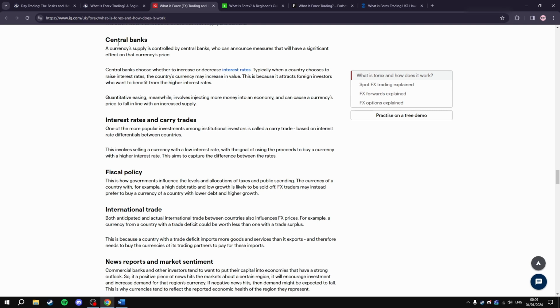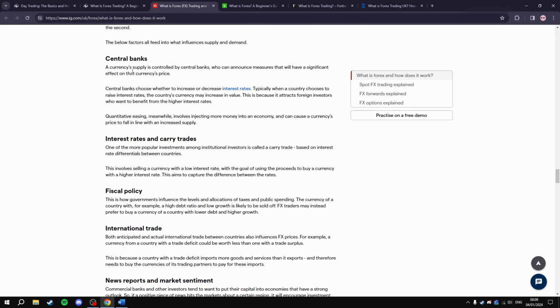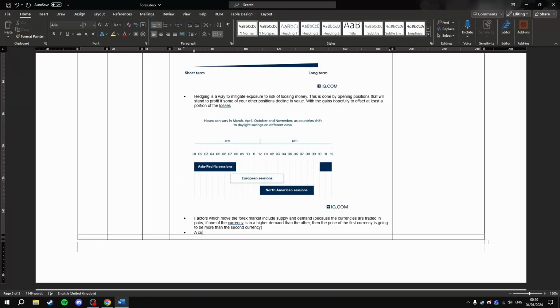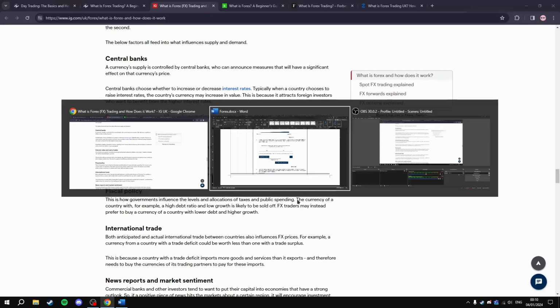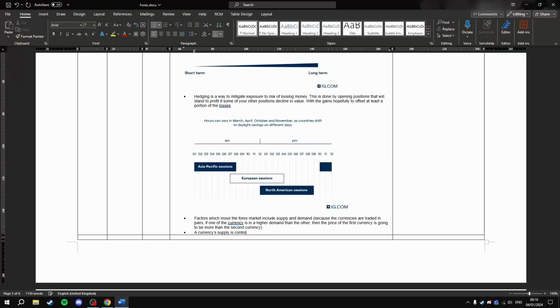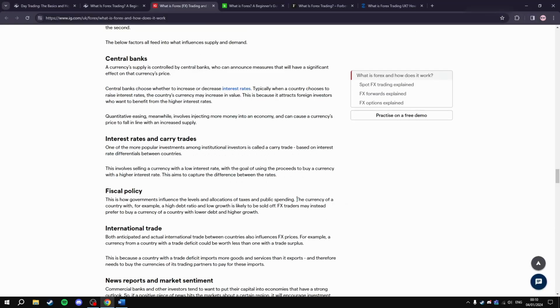Central banks. A currency's supply is controlled by central banks who can announce measures that will have a significant effect on that currency's price. Central banks choose the interest rates. Typically when rates rise, the country's currency may rise. Okay, so a currency's worth, I guess, or supply, is controlled by the central banks.